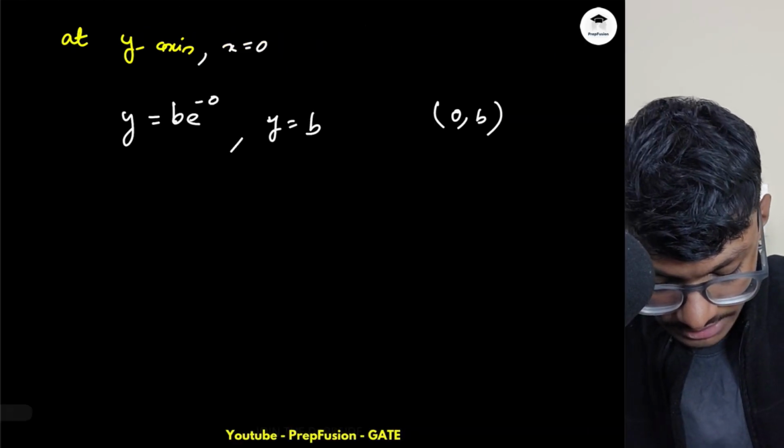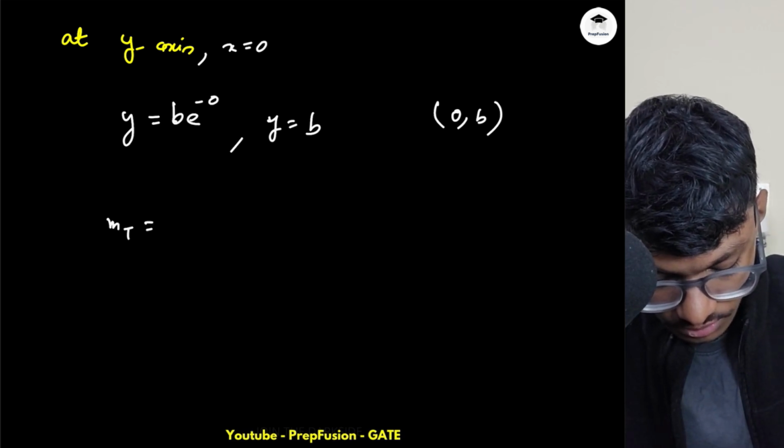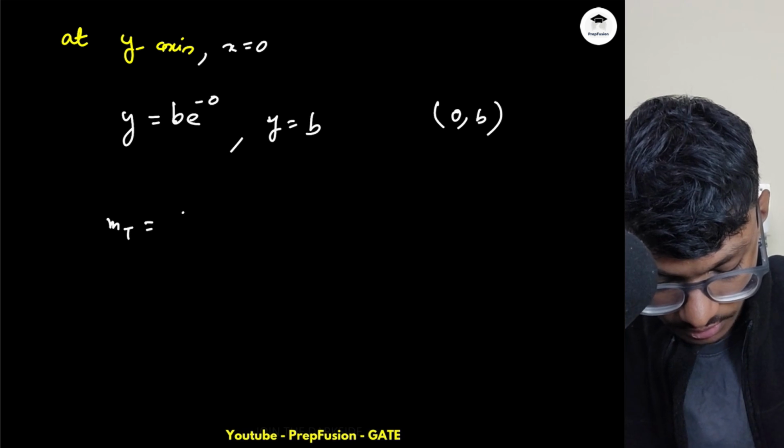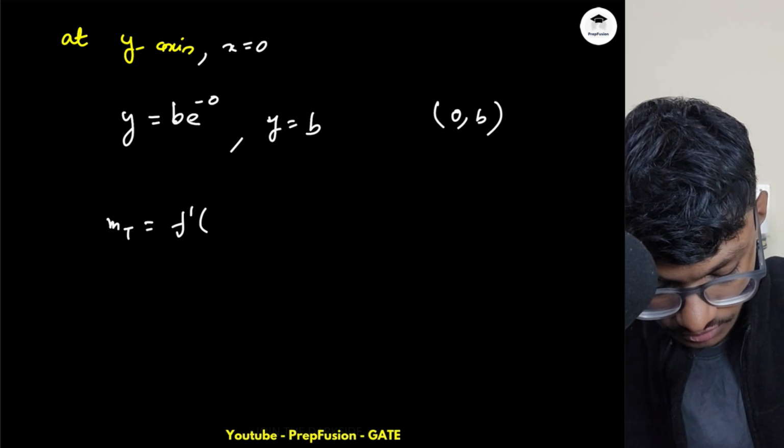So how do we find the tangent? What is my mT? mT is f dash of x at x equals 0, f dash of 0.